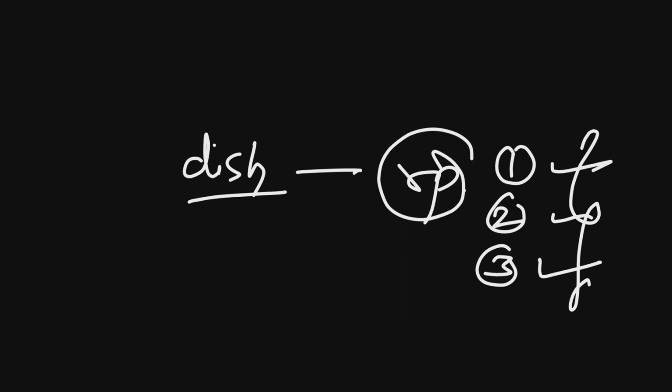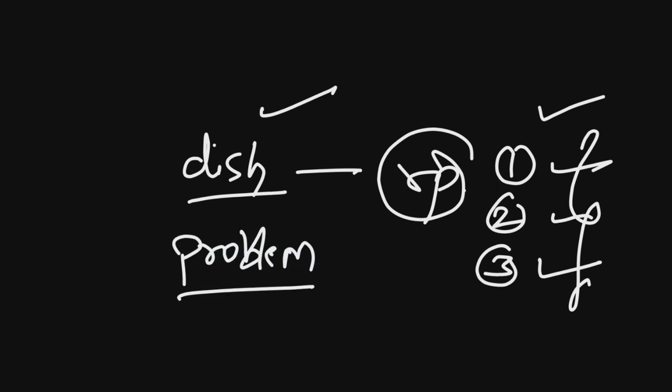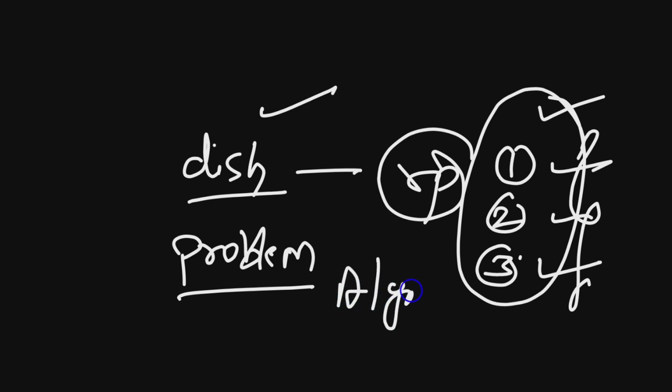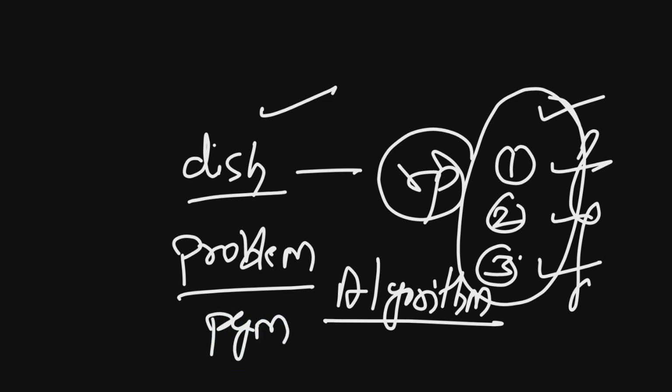This recipe is our algorithm, because preparing a dish is the problem. To solve this problem, I write a few steps, and that recipe itself is called the algorithm. Here in this case, the problem is nothing but the program. So it is a step by step procedure to solve a given problem.